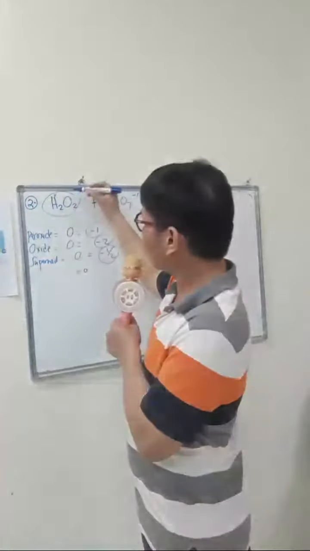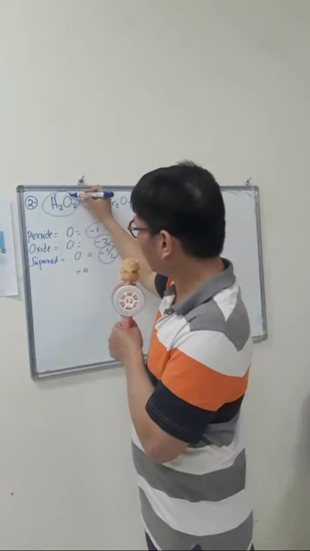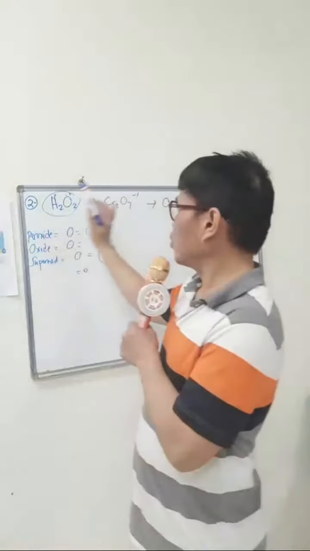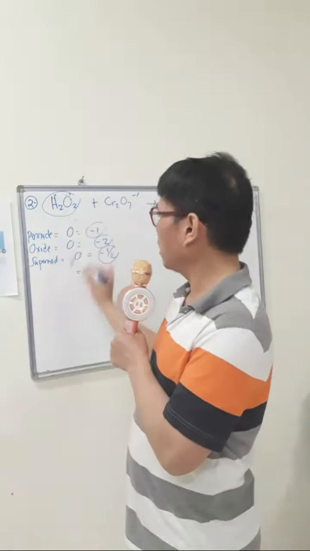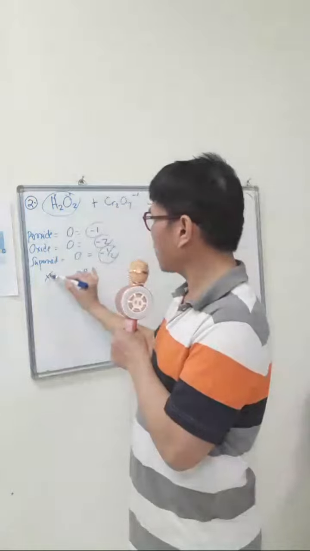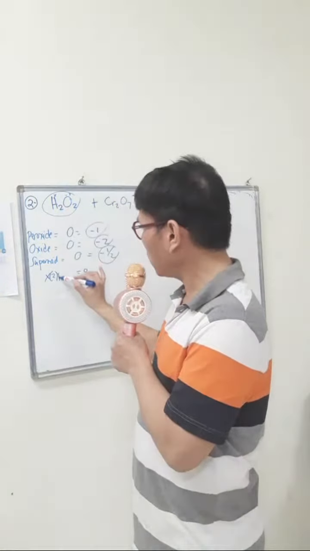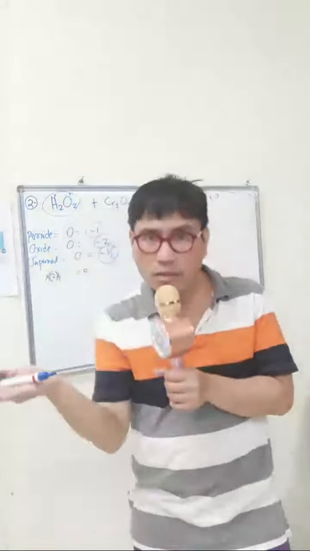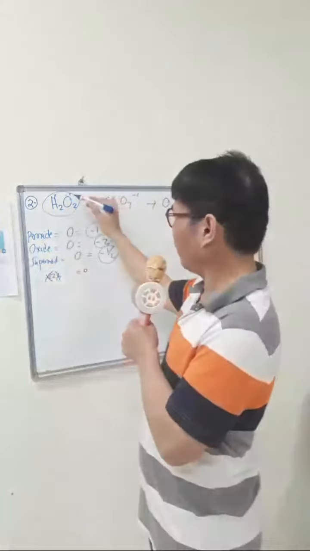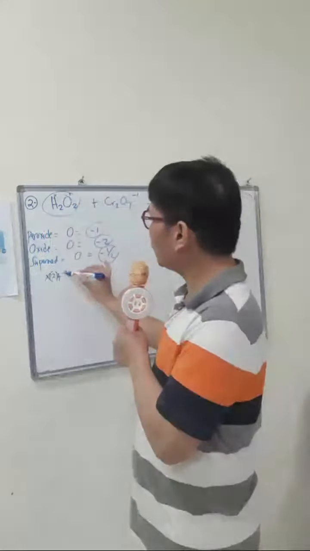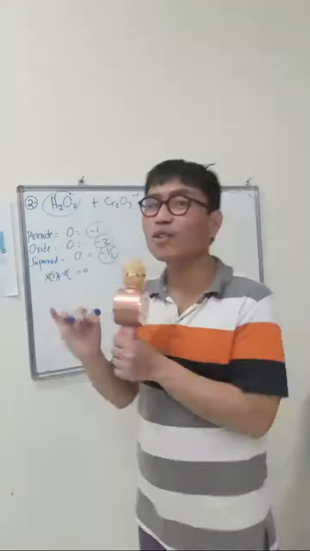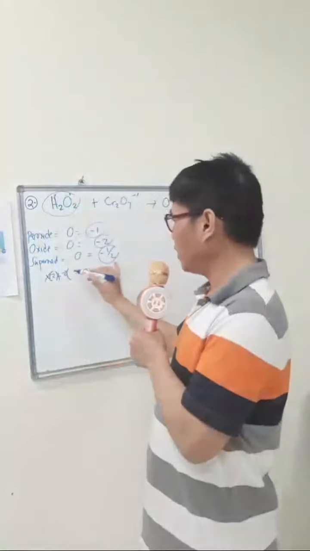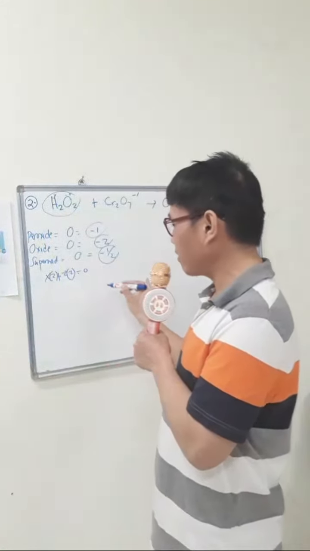Take the oxidation number of oxygen as -2. Now charge times subscript: X times 2 plus -2 times the subscript of oxygen, 2, equals 0. Do the math.